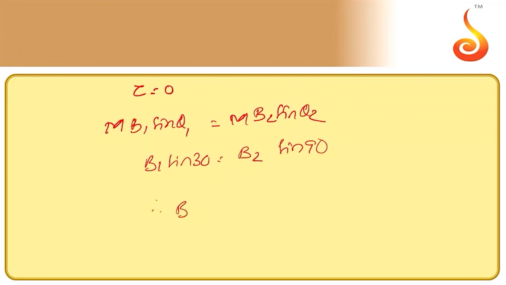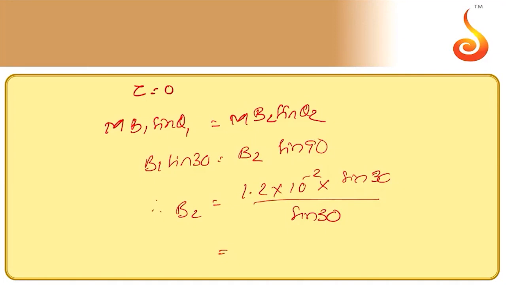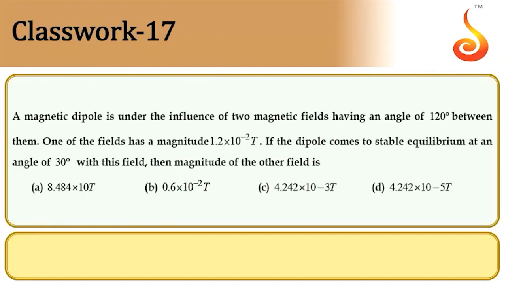So I can write b2 is equal to b1, that is 1.2 into 10 to the power of minus 2 into sin 30 divided by sin 90. So this turns out to be 0.6 into 10 to the power of minus 2 Tesla. B is the correct choice.